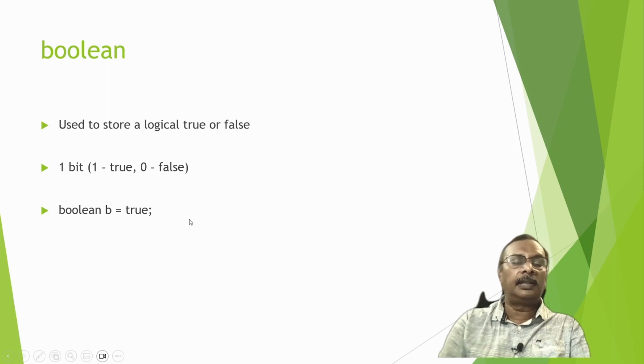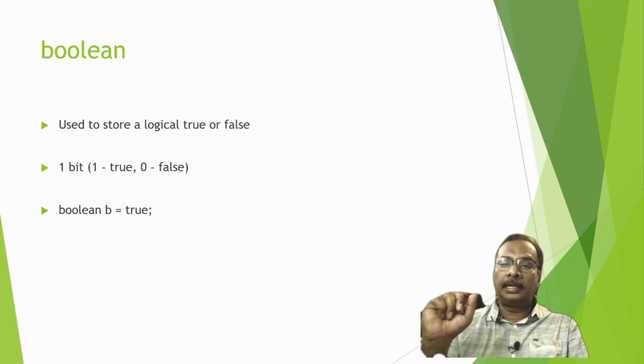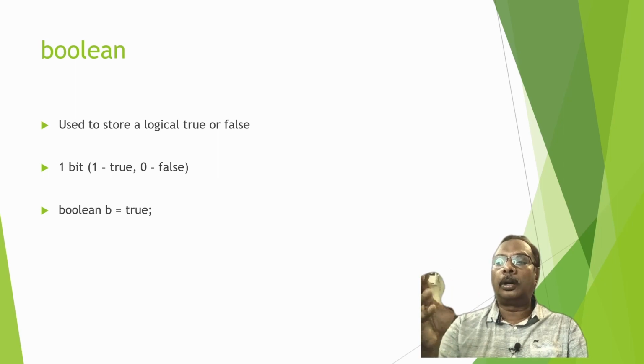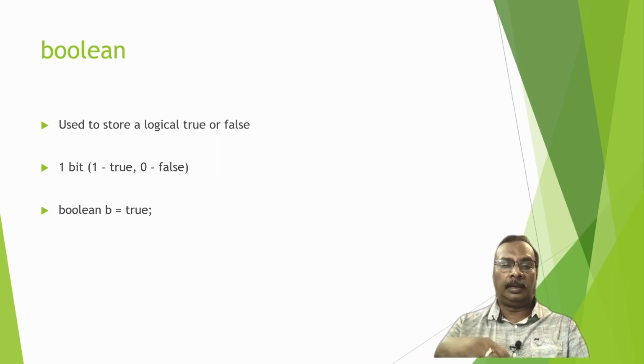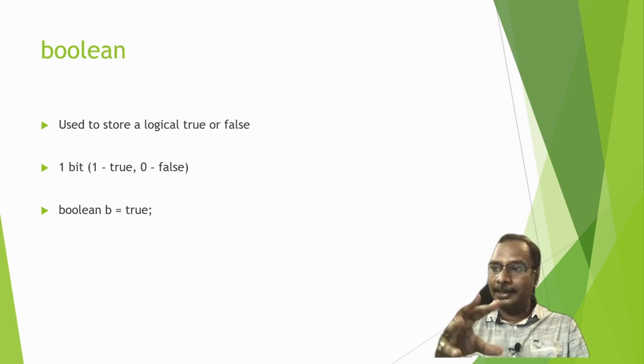And then you have a special type called boolean, which is of size 1 bit, meaning it can store either a 1 or a 0, which logically represents a true or a false. So we call it a boolean variable. Boolean is the name of the person who invented this logical algebra.